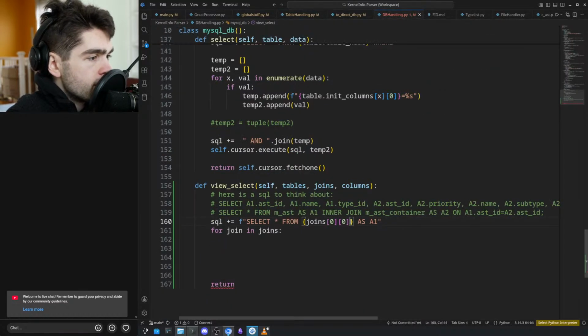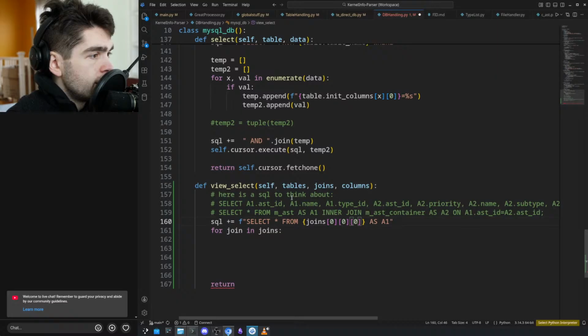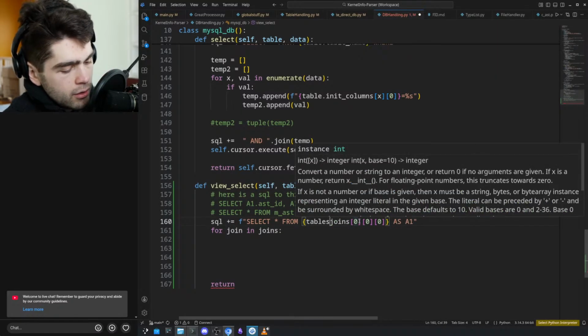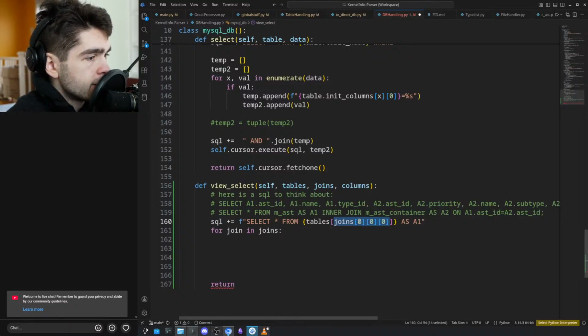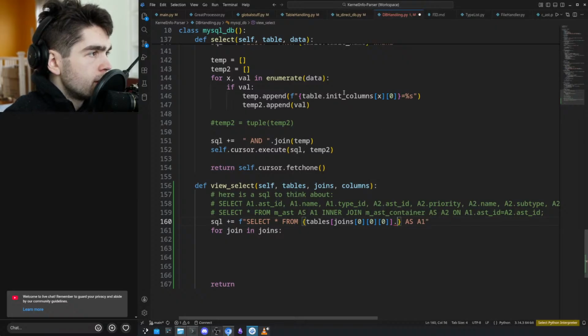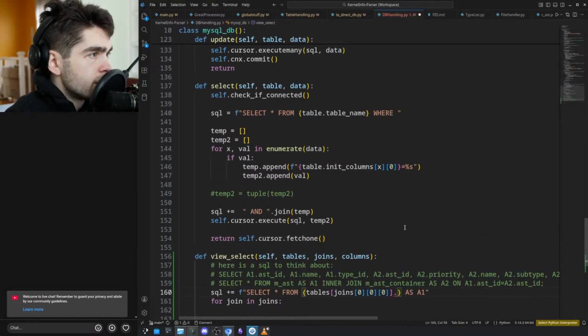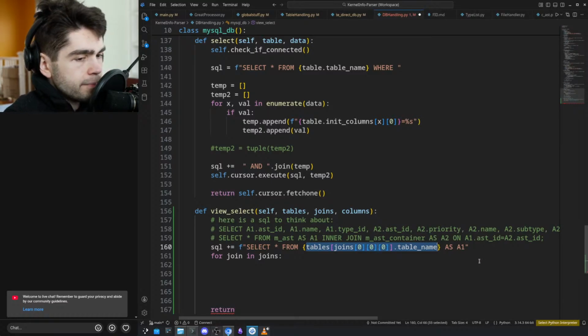Now we have a GP ID, which means that we should be able to do table and open this at this index and then do dot, what is it? It's table name, right? Yeah, table name. So this should give us the table name. Easy.